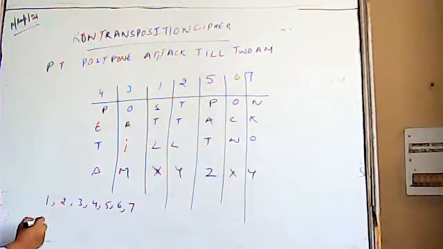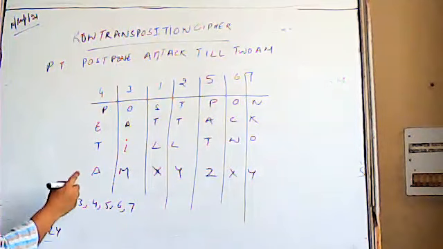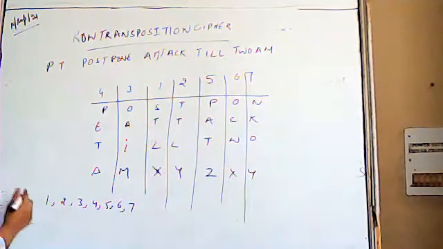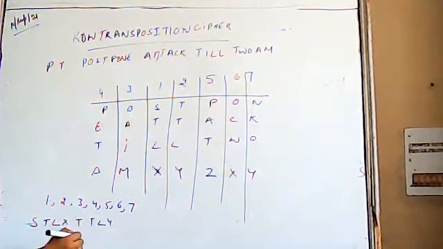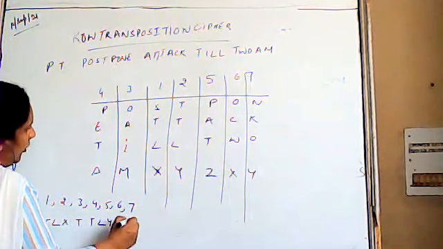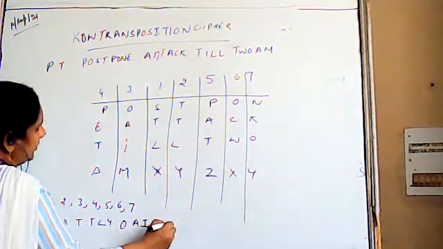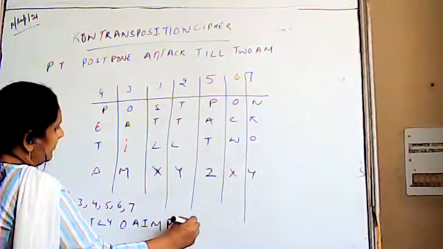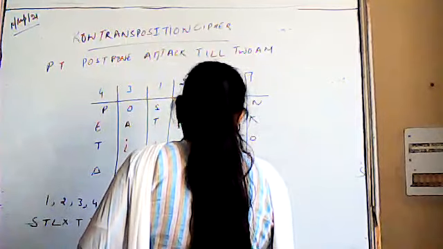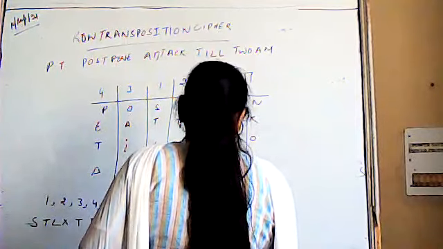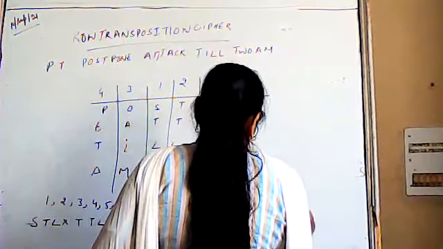That means the first column will come T T L Y, then the second column is T T L Y, then the third column is O A I M, then the fourth is P E T A, then the fifth column is P A T Z, then the sixth column is O C W X, then N K O Y.